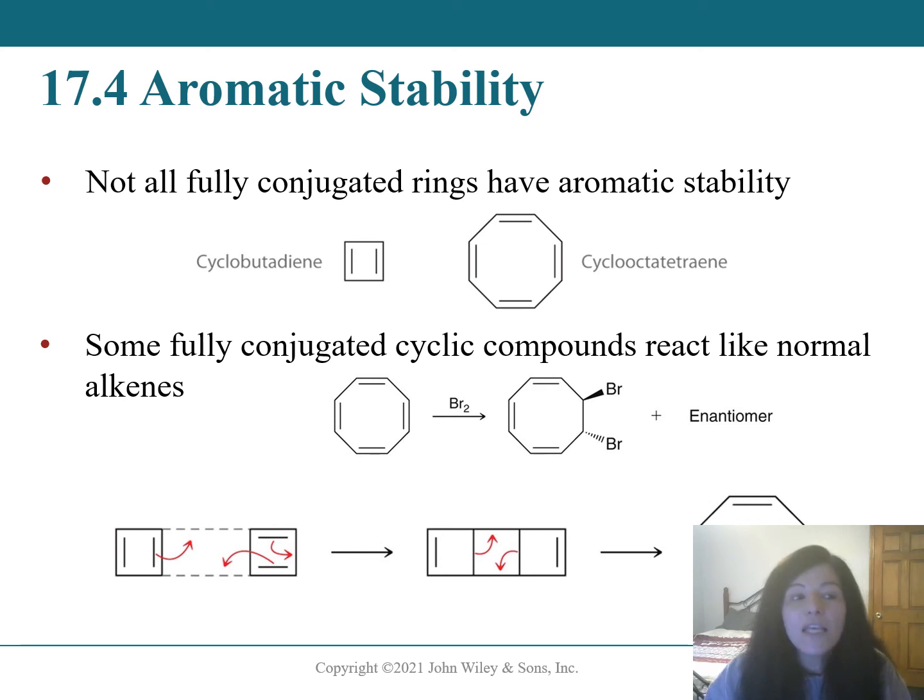Some fully conjugated cyclic compounds, meaning that you have a cyclic compound where every other bond is a double bond, are actually much more reactive. They're actually much higher in energy than we might expect. And in the next video, we're going to talk about why that is, what makes a compound aromatic, and what makes a compound what we will call anti-aromatic. And then finally, what would make a compound neither one of those two things.